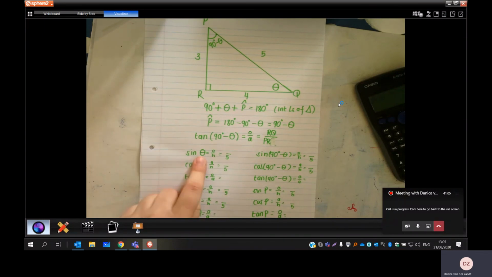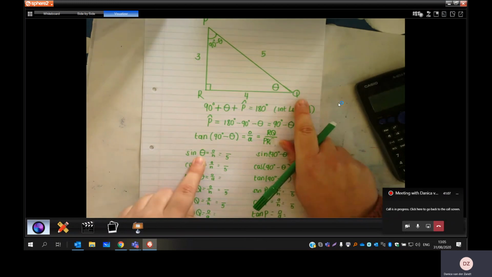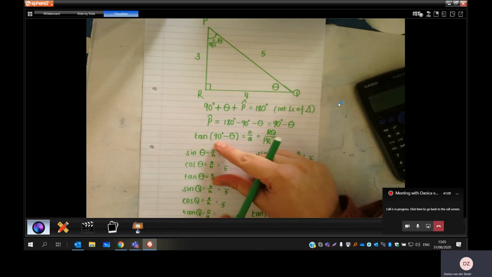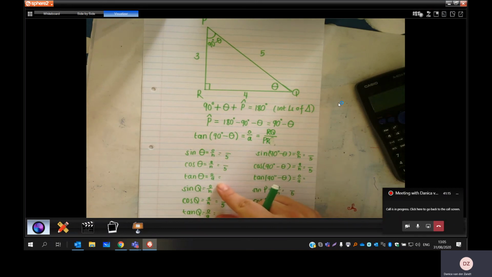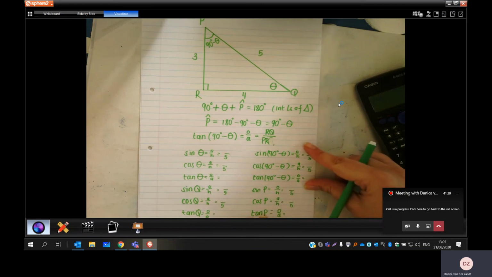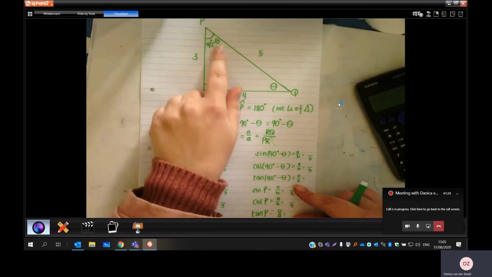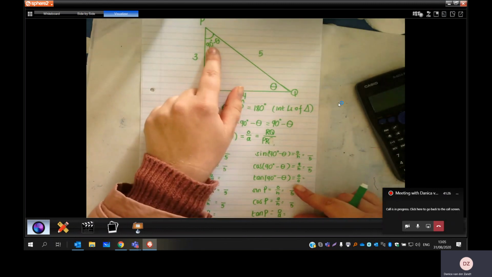I've asked you theta, but theta is also q. So these sine theta, cos theta, tan theta should be the same answers as sine q, cos q, tan q. And sine 90 minus theta, cos 90 minus theta, and tan 90 minus theta should be the same as sine p, cos p, tan p.